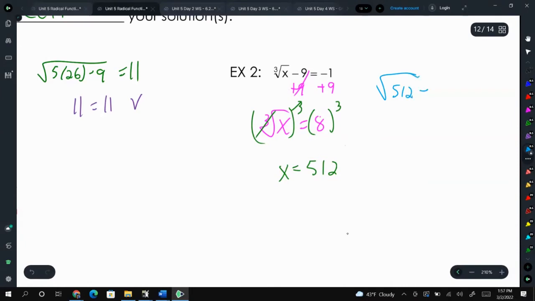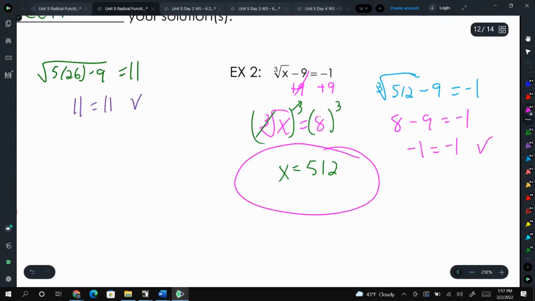If you're unsure of whether you should check your solutions or not, just do it. The third root of 512 is 8, minus 9 equals negative 1. That is true. So that will be your answer there.